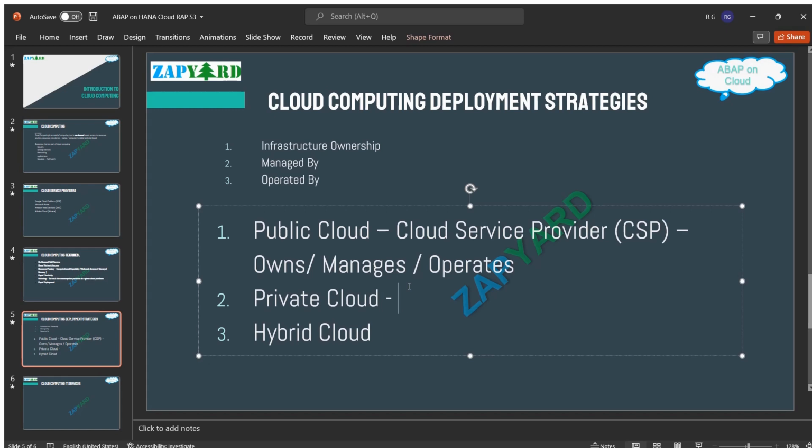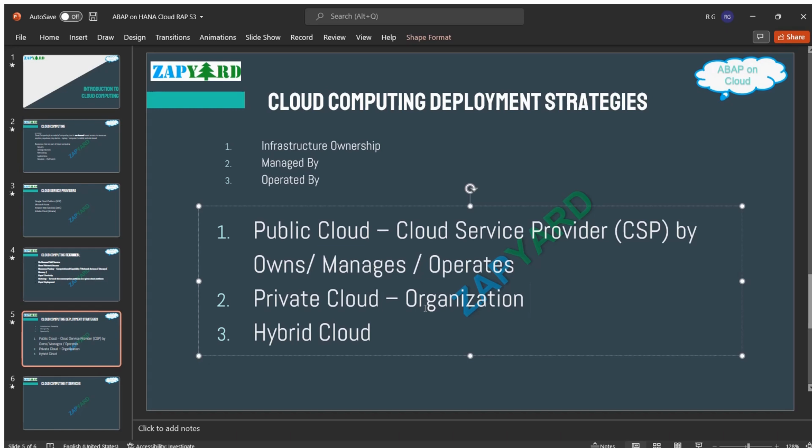When the cloud computing is owned, operated and managed by, so the first case was managed by the cloud service provider, when the organization, or the implementation organization, rather, let us say if there is a software service provider, then the client who makes use of this cloud platform becomes the organization.